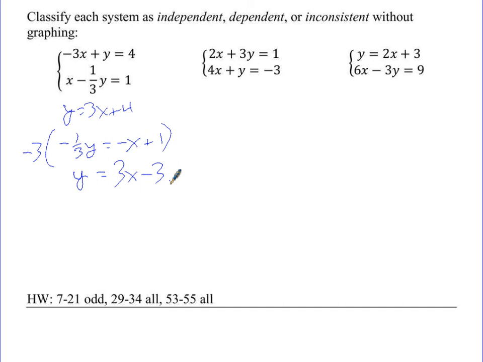These are parallel lines, yeah. So this is an inconsistent system of equations. And therefore, it doesn't ask me to do so, but how many solutions do I have? If it's inconsistent, they're parallel lines, they don't cross, there is no solution.